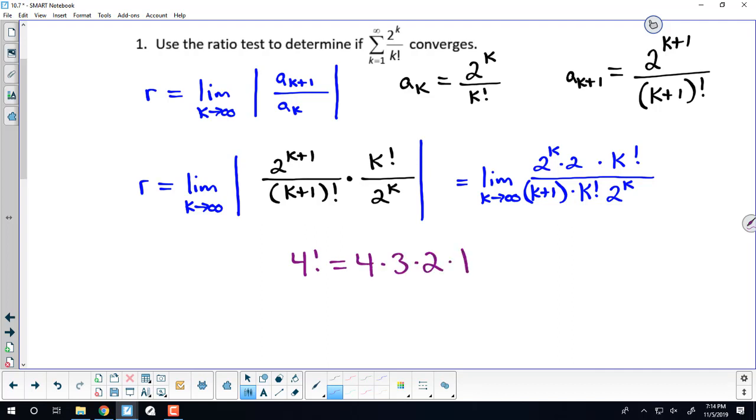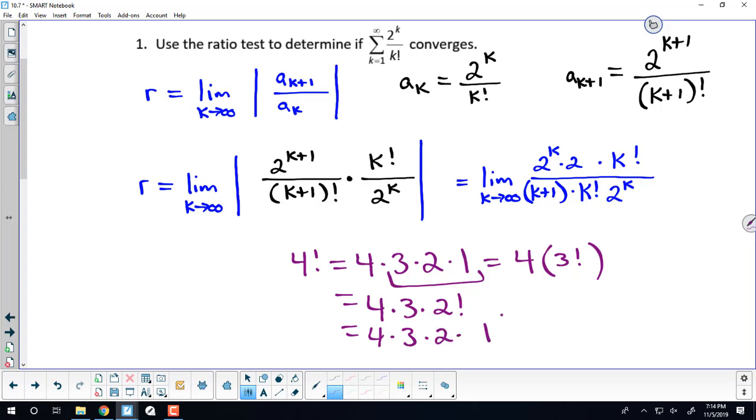So 4 factorial is really the same thing as 4 times 3 factorial, right? Because that's 3 factorial. Or we could even say that's 4 times 3 times 2 factorial, or 4 times 3 times 2 times 1 factorial.